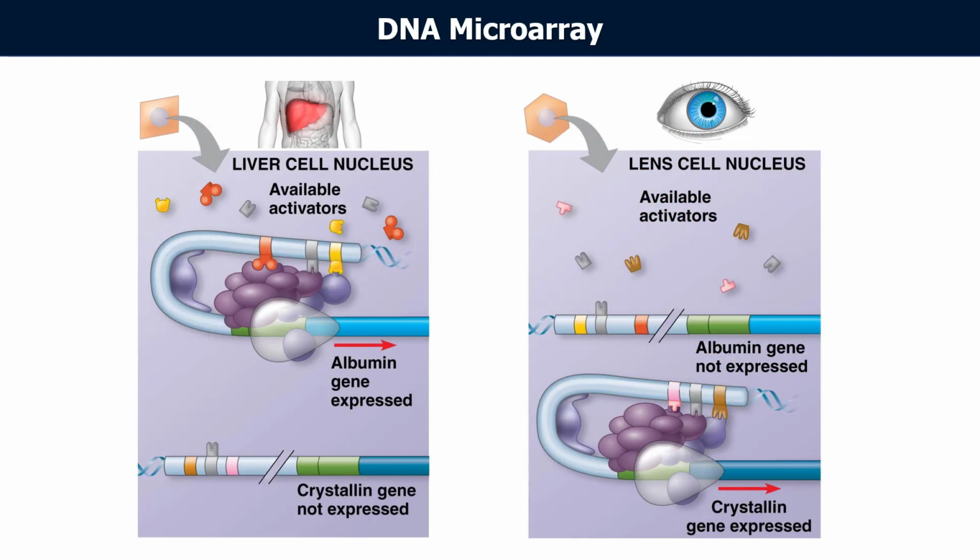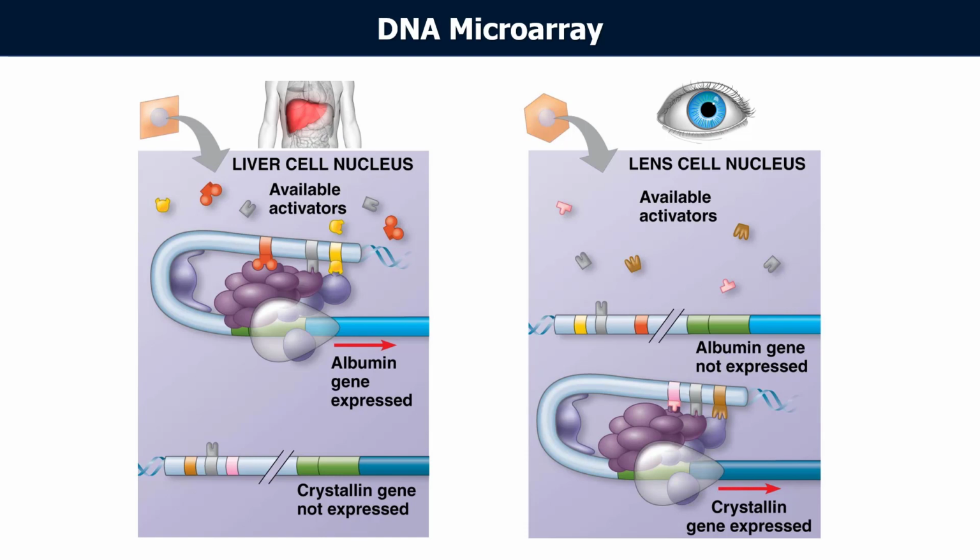So to go back to an earlier example, recall that in our liver cells and our lens cells of the eye, we have the exact same genes present, but different genes are turned on in those different tissue types. The liver cell had the albumin gene on and the crystalline gene off, whereas the lens cell had the albumin gene off and the crystalline gene on. DNA microarrays are the research tool that allows us to figure those types of things out.